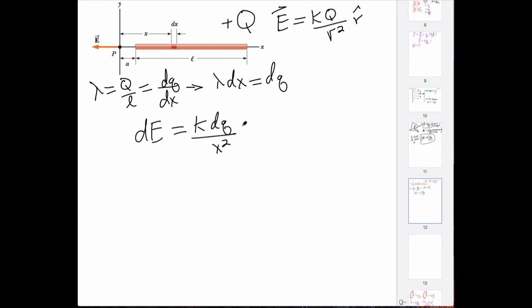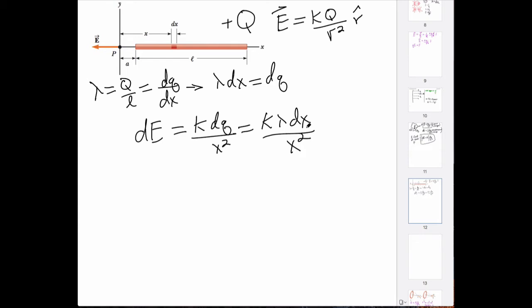So what I could do now is replace dq with this differential trick we did up here. When you do a problem like this, you're looking for a way to get rid of one of the variables, and we're using this linear charge density thing. That's the technique for this particular kind of problem. So we're going to replace dq with k times lambda times dx over x squared.